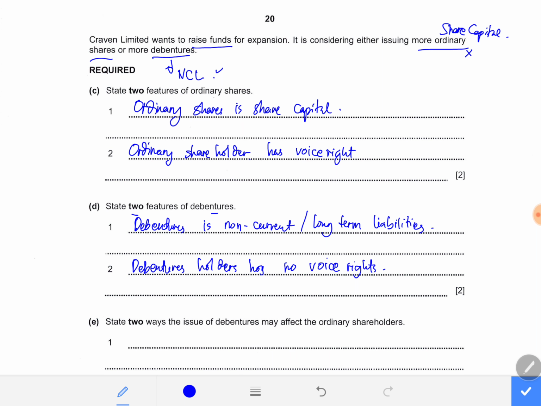Another one: ordinary shareholders receive dividends. Yeah, if you are required to give three, ordinary shareholders receive dividends. Meanwhile, debenture holders receive interest.